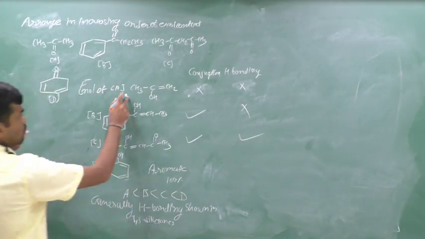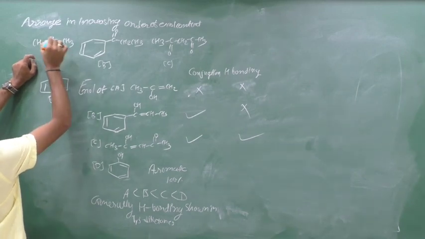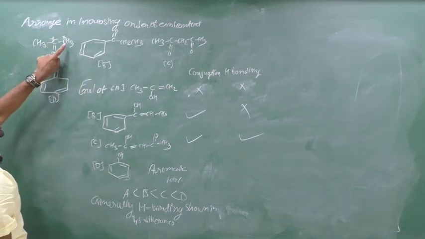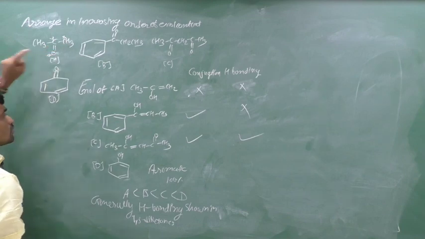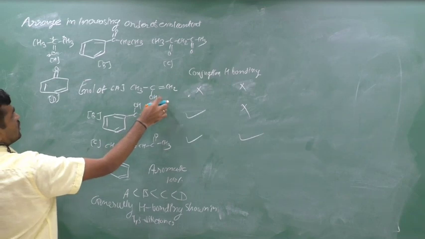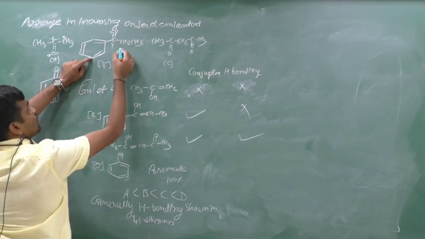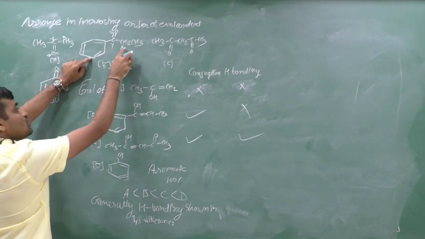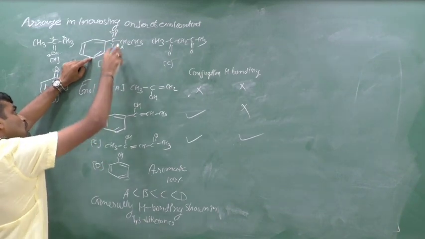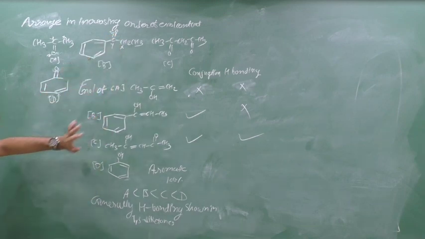The enol form of A is like that because Z, Y, X: we can transfer hydrogen from X to Z and the double bond from XY to YZ. We can get the compound like that. From this, Z, Y, X, hydrogen transfers from X to Z and the double bond goes from YZ to XY. Then the compound is like that.